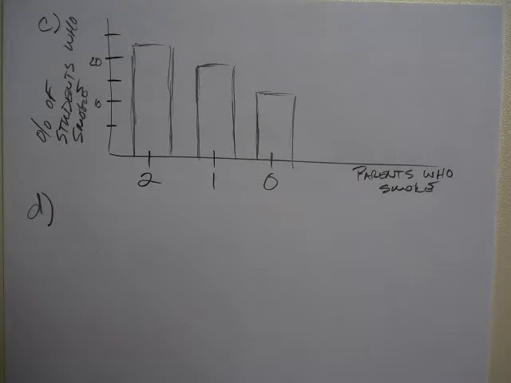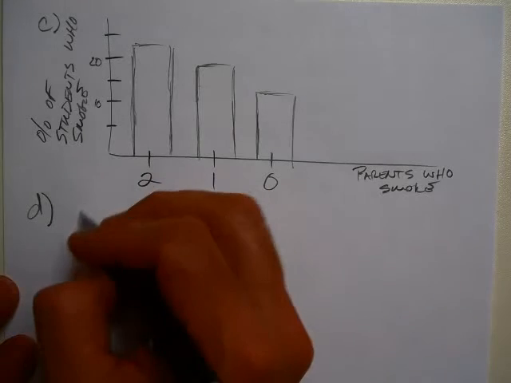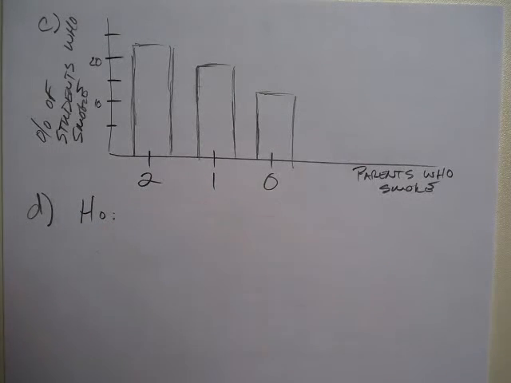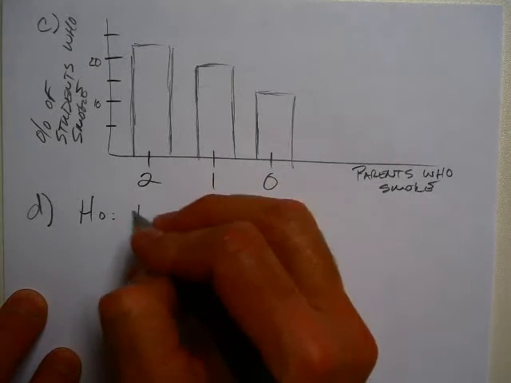All right, so D says, explain in words what the null hypothesis says about smoking. What's the null hypothesis going to be here? It's an association. Yes? There's no association. Yeah. But be specific about what the two are. There's no association between the parents who smoke and whether their kids smoke. Yeah, I agree.